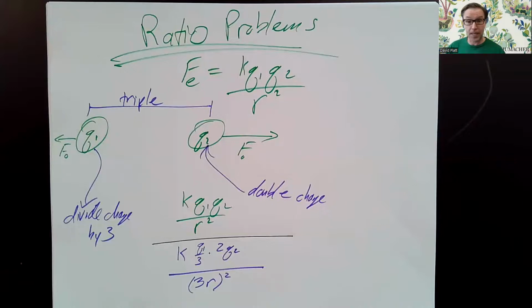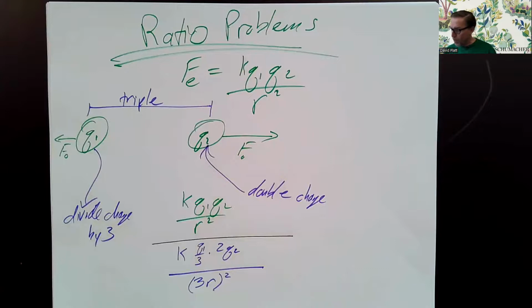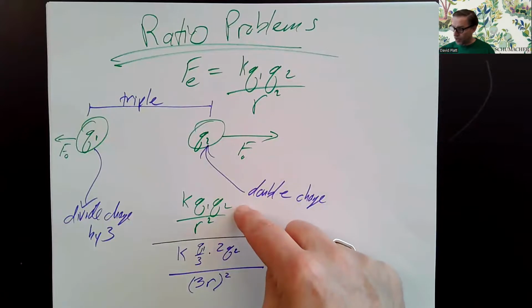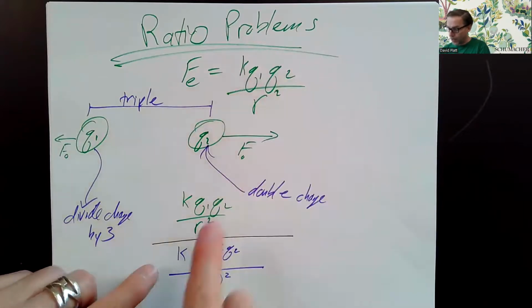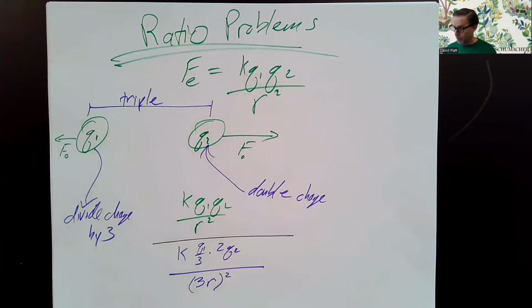Right? That's what I said. And the original force was called F naught. So now I'm going to see this over this as a fraction. My new force is K, charge 1/3, charge twice as much, over 3 times as far squared.